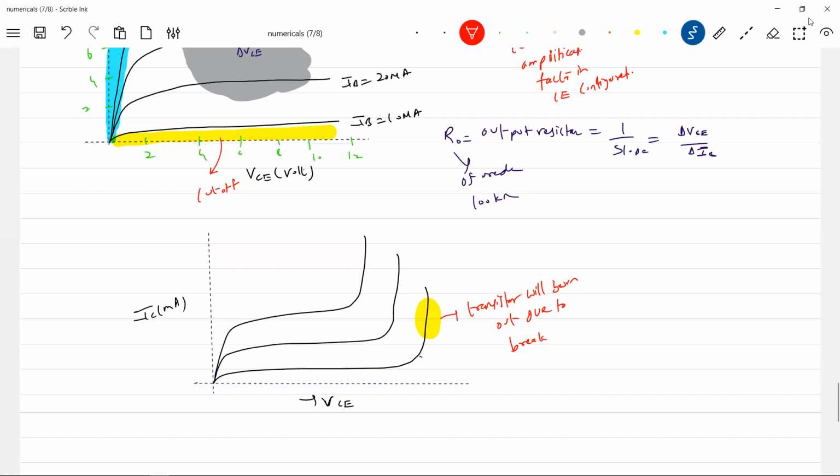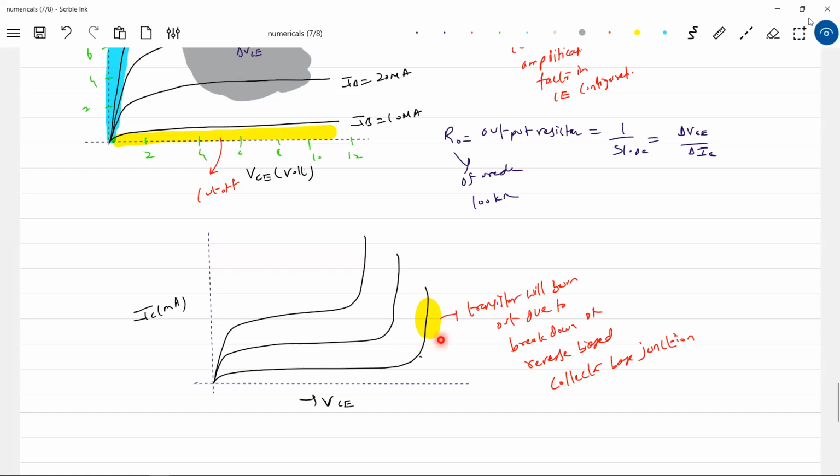Due to breakdown of the reverse biased junction. It's there in the lab manual, but not there in textbooks. Very strange.